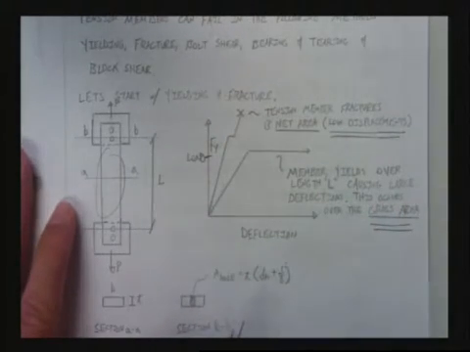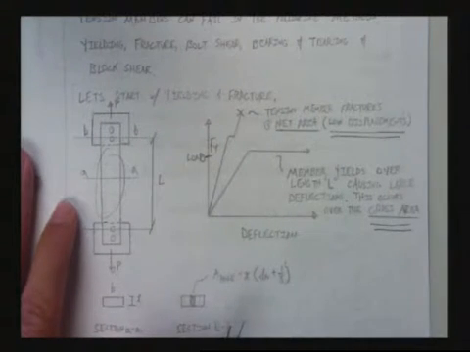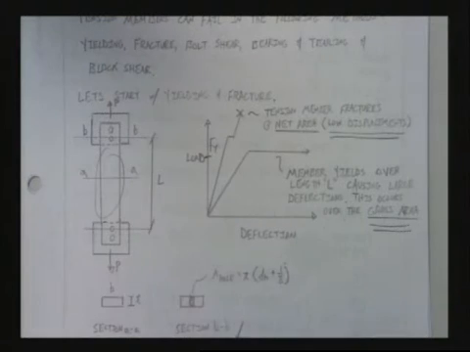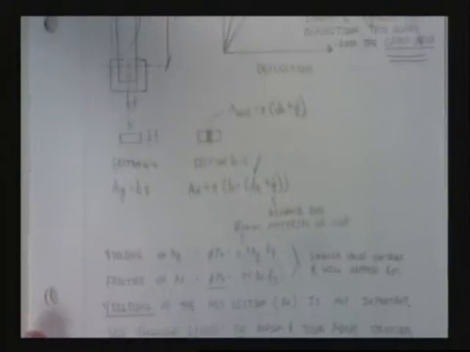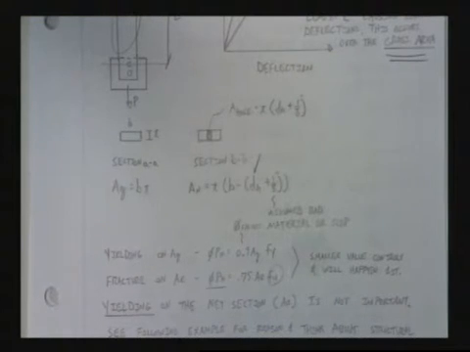It's fracture. It's brittle. That's what that means. Sudden. Right? Okay, great. And then I say here at the bottom, yielding on the net section, A sub E is not important. See the following example for reasons and think about structural resiliency.